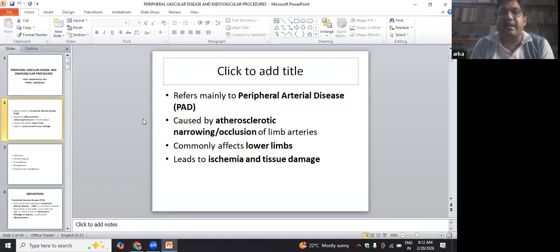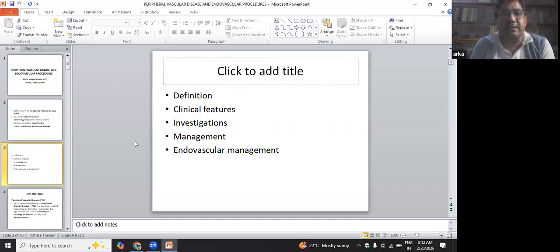It refers mainly to peripheral arterial disease caused by atherosclerotic narrowing or occlusion of limb arteries. It commonly affects the lower limbs, as I have already said, and leads to ischemia and tissue damage. We'll cover definition, clinical features, investigations, management, and endovascular management.